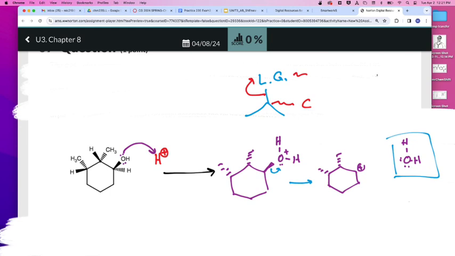That OH functionality, as we'll continue to find throughout the semester, is very, very tricky because it has electrons, which means it can act as a nucleophile. True. It could also act as a base. It also has a hydrogen connected to it, which means the hydrogen could be removed, so it's acting as an acid.